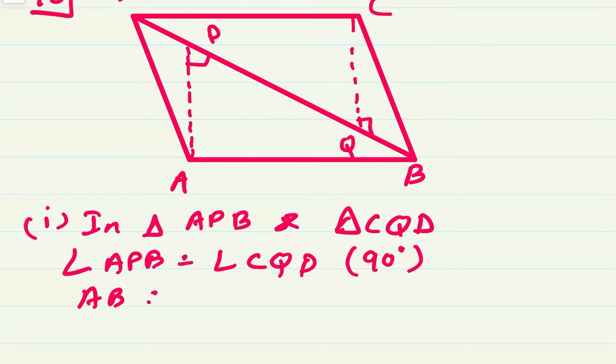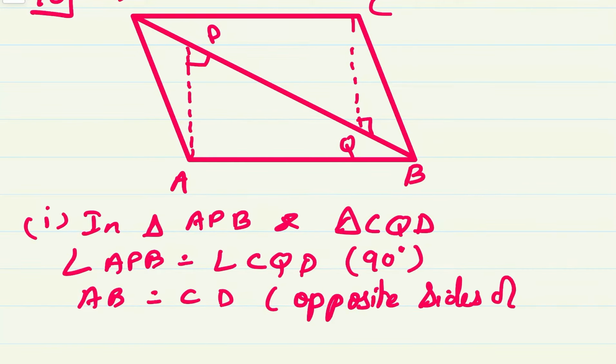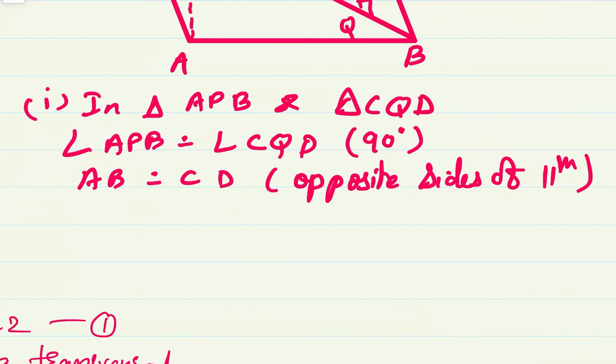AB is equal to CD, they are opposite sides of parallelogram, and angle ABP is equal to angle CDQ.